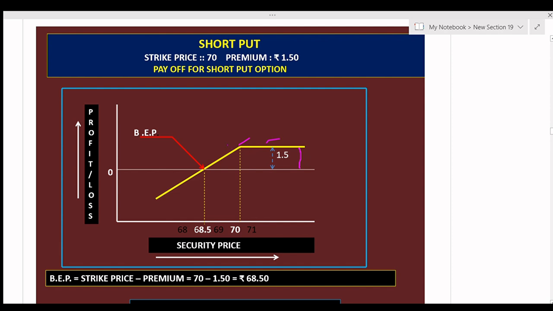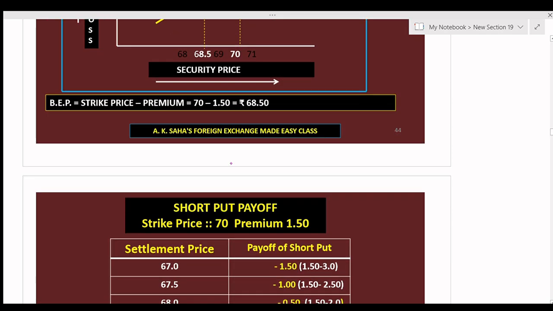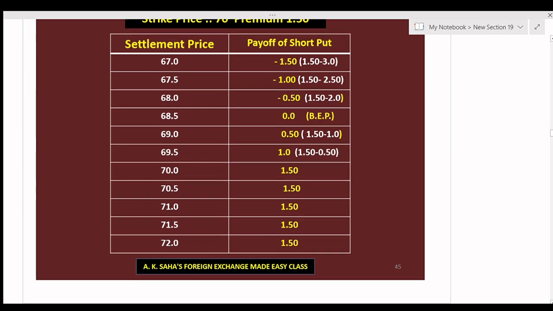If the spot price is less than strike price, the loss will start. And here you will see the profit or loss in this table. Go through this table, you will learn how he makes a loss and makes a profit. This is the limited profit, a limited gain he earned, and the loss is infinity, unlimited.